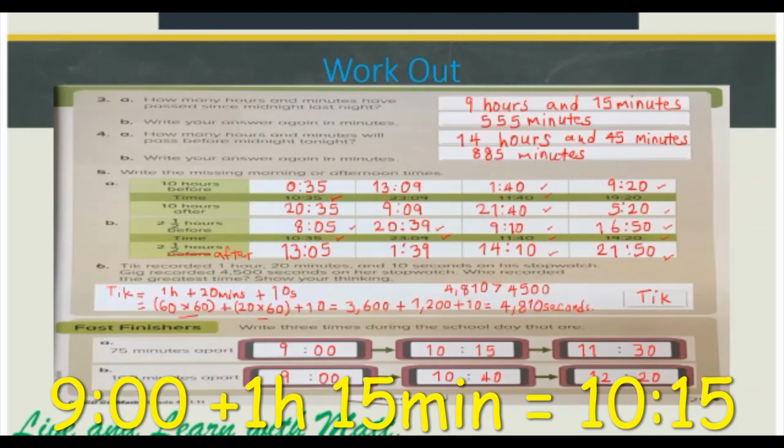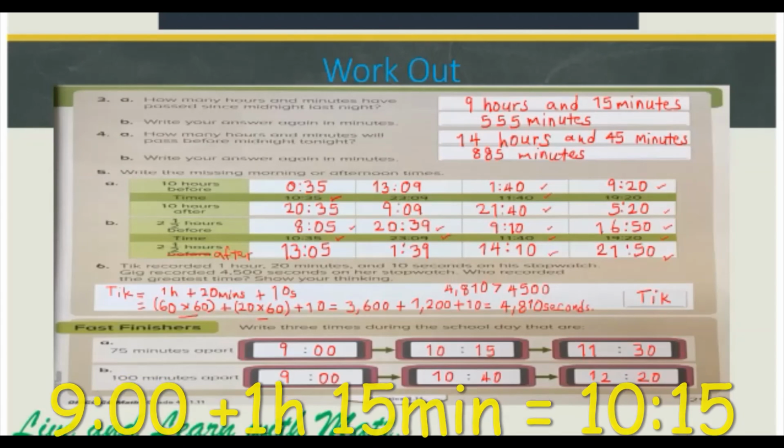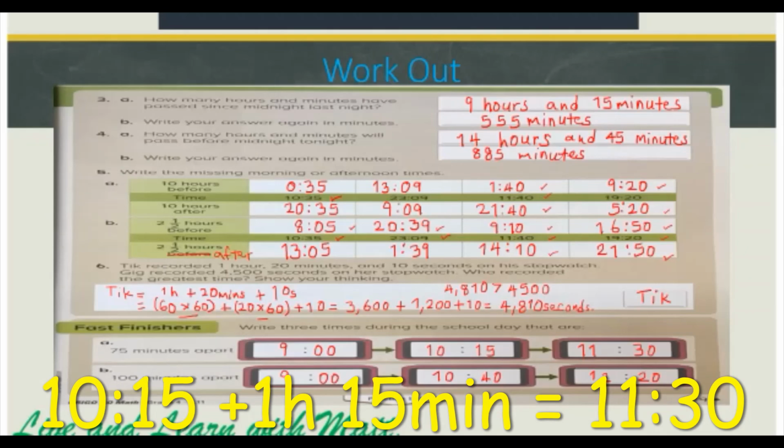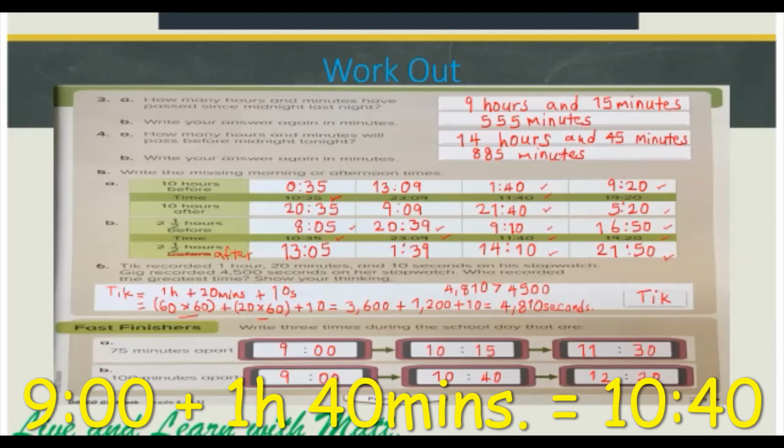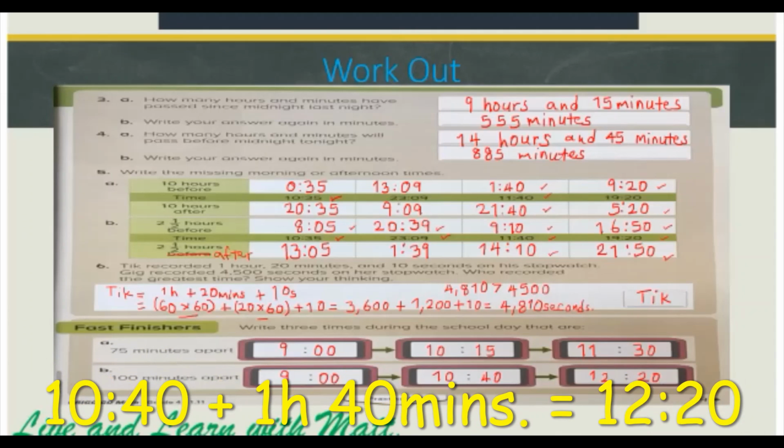So let's start from 9 o'clock. 75 minutes apart will be 10:15, and another 75 minutes apart will be 11:30. 100 minutes apart from 9 o'clock will be 10:40, and the next 100 minutes apart will be 12:20.